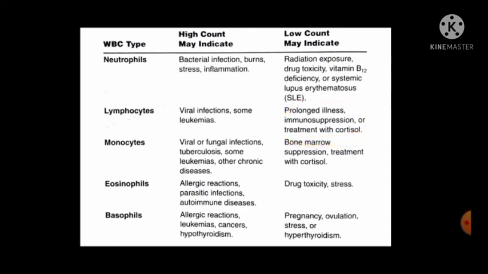Monocytes: viral and fungal infections can increase the count of monocytes to phagocytose the infection. Tuberculosis, TB, some leukemias and other chronic diseases are responsible for a high count of monocytes. Bone marrow suppression and treatment with cortisol are reasons for a low count of monocytes.